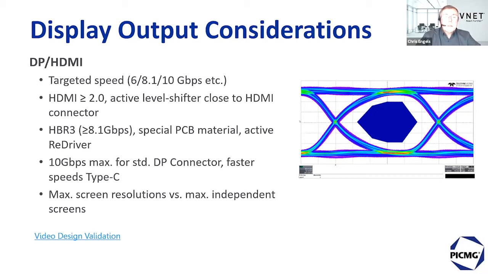You might also need some level shifters in order to cope with the maximum cable lengths you want to support. And there are also some dependencies between maximum achievable bandwidth and the maximum amount of independent displays connected. This really falls back to the capabilities of the system on chip, which provides those interfaces.